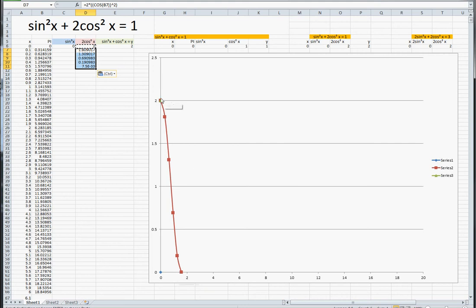So this is 0, this is pi over 2, and that's the number that showed up in the little box, 1.570796327. Right. Let's go halfway around. Our pi, so it comes back up to 2, and it does cross 1 a couple of times.